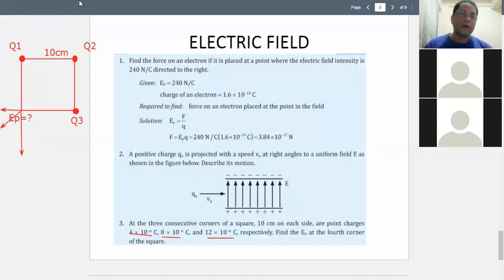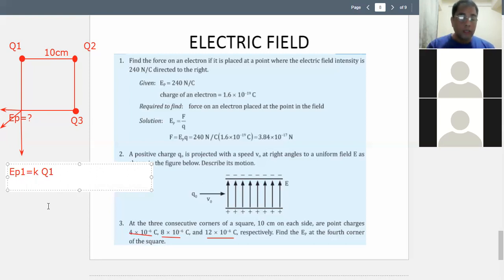We have to find each of these electric fields. So first of all, again, we will find E sub P1. And what is E sub P number 1? It's due to our charge 1. Due to charge 1, so K times Q sub 1 divided by, of course, how far is Q sub 1 from the corner there?